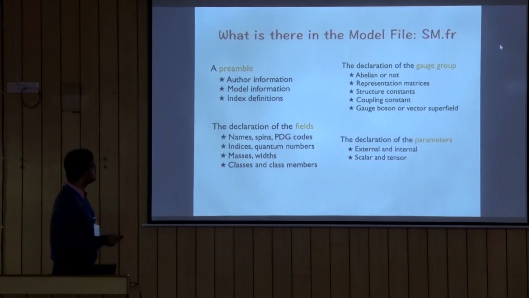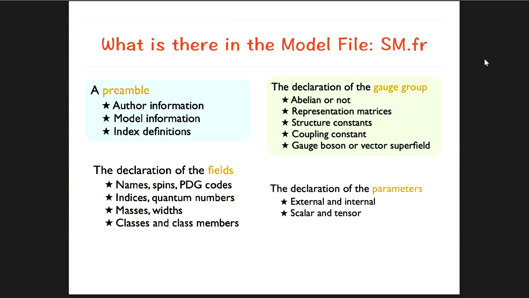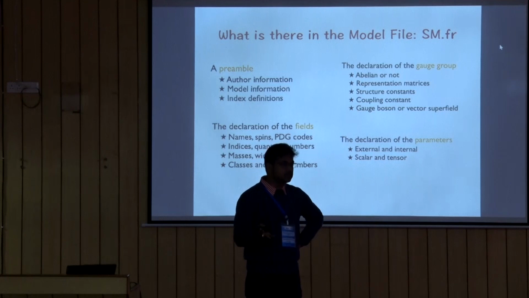Now you can imagine that these are the basic pieces of information that you have to have. Well, I mean the model information, the index definitions, which is basically the preamble, if you can say. Then you have to have the declaration of the fields, name of the particles, spins, PDG codes. This is something interesting, that these PDG codes of the particles are already decided for the standard model particles and also for supersymmetric particles.